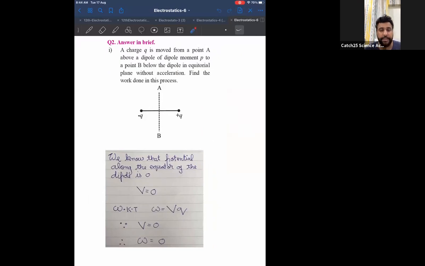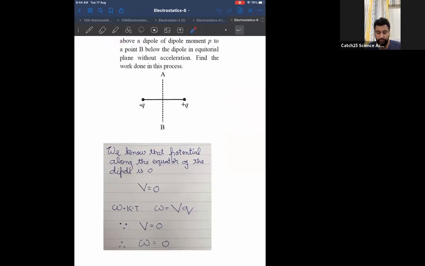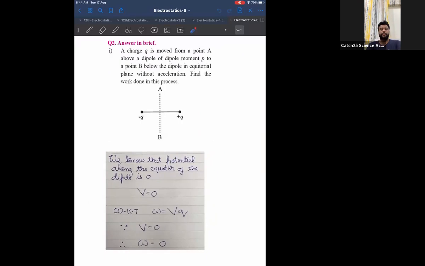Question is on the screen. Answer is also on the screen. You have to just read both and tell me whether you have understood. That's it. Nothing else. Along the equator, we have just done that.